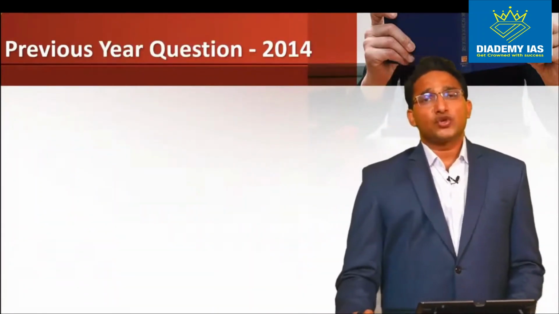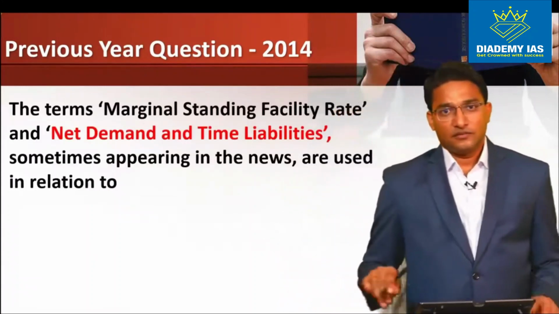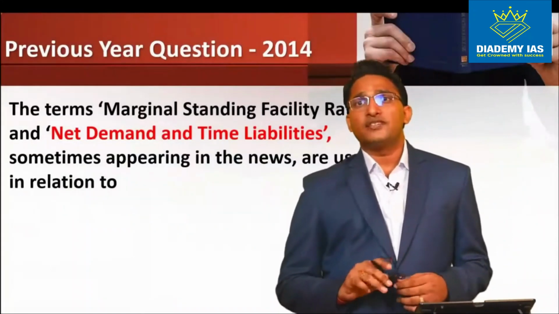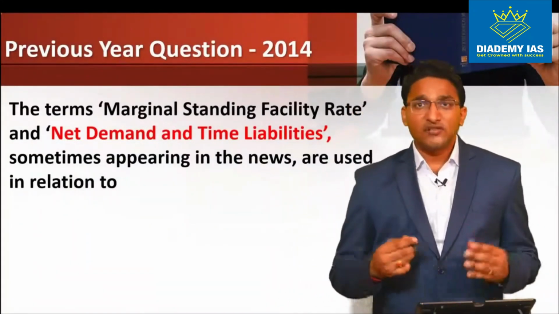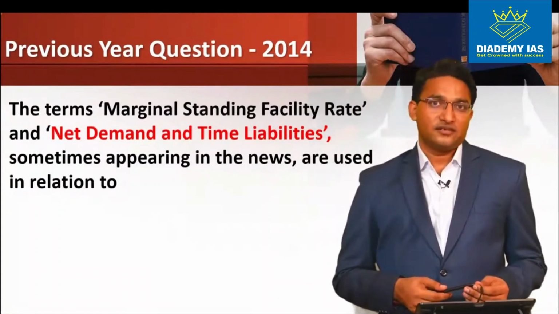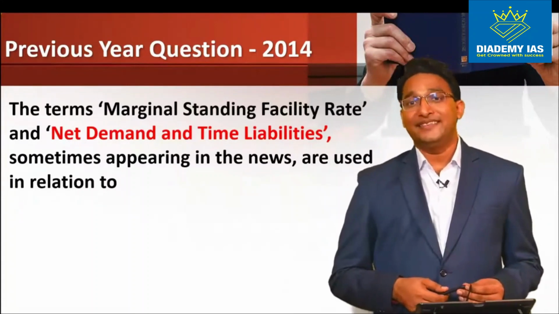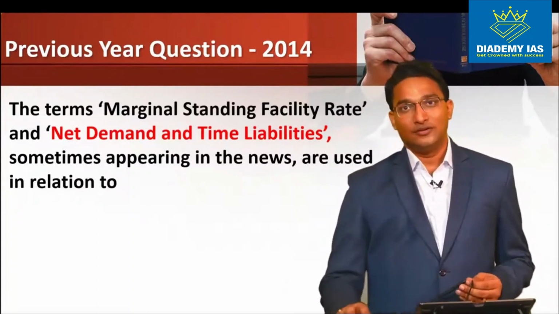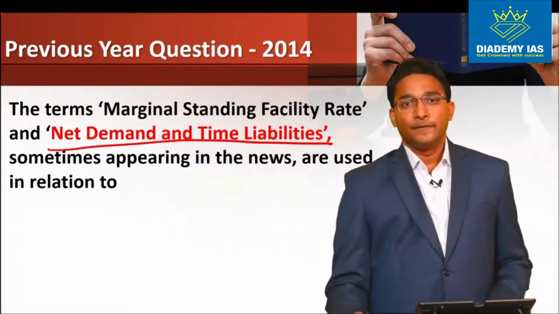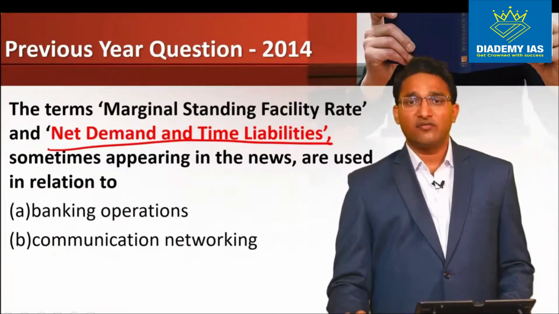So let us see the previous year question. You can see it is a very simple question. The terms marginal standing facility rate and net demand and time liabilities, sometimes appearing in the news, are used in relation to: A, banking operation. B, communication networking.